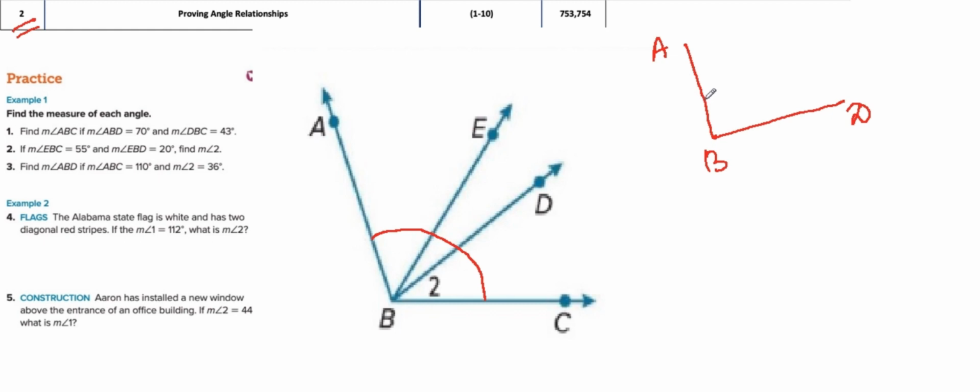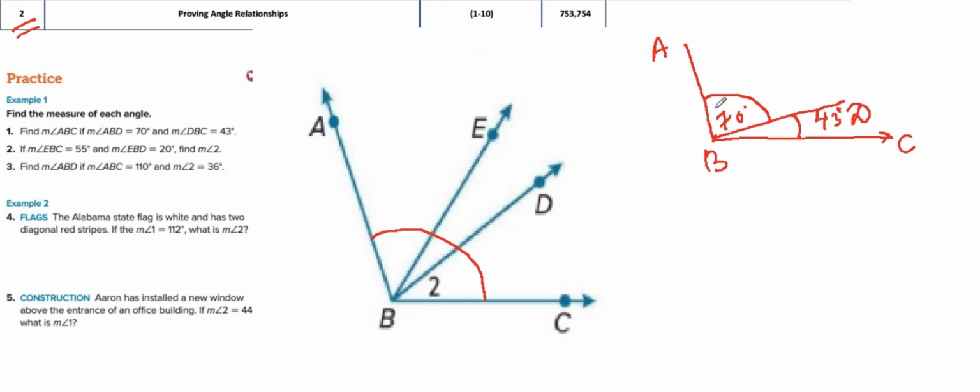They have given ABD is 70, so this complete angle is 70 degrees. Then they have given DBC. Suppose this is DBC. Here is C. This is given to us as 43.